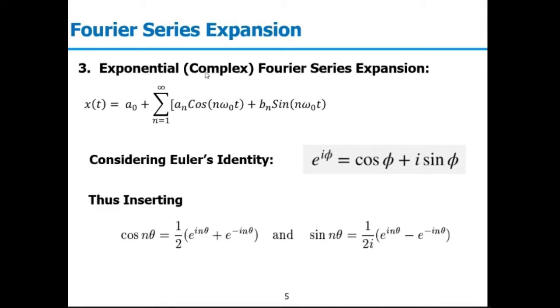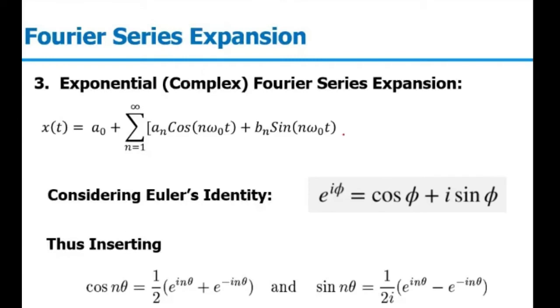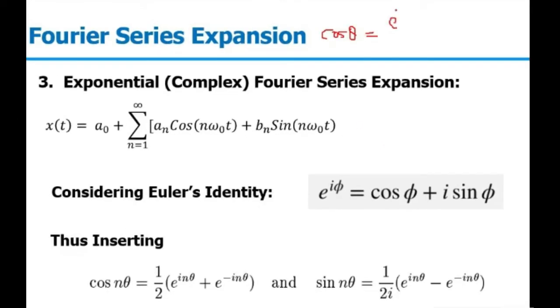So from here, we can represent cos theta and sin theta. We can say cos theta will be e power iota theta plus e power minus iota theta divided by 2. Similarly for sin, we can write e power iota theta minus e power minus iota theta upon 2 iota. So that will be sin theta.